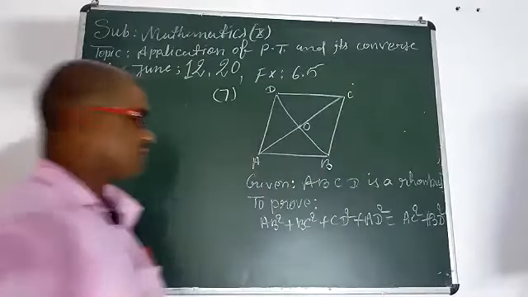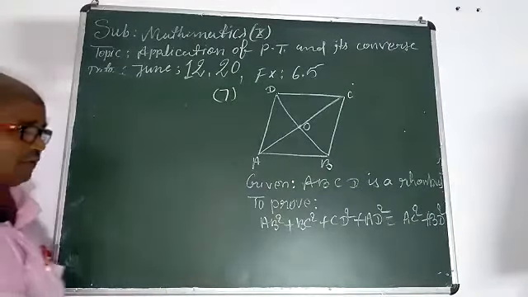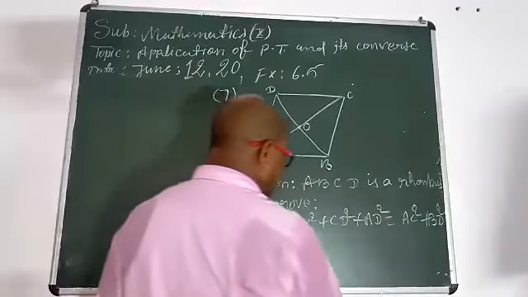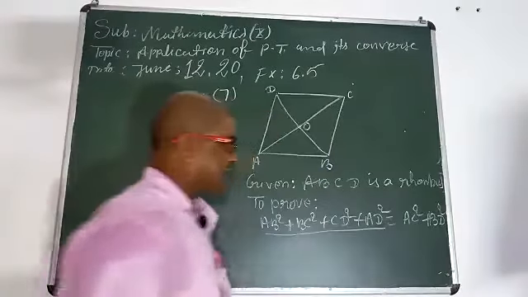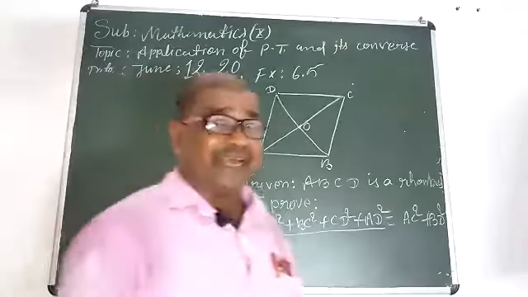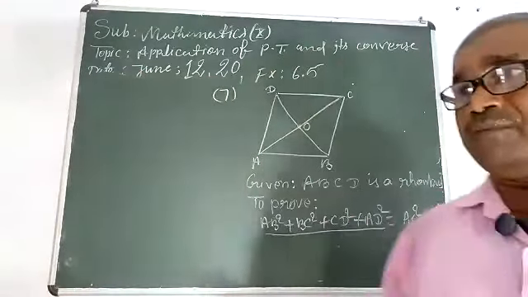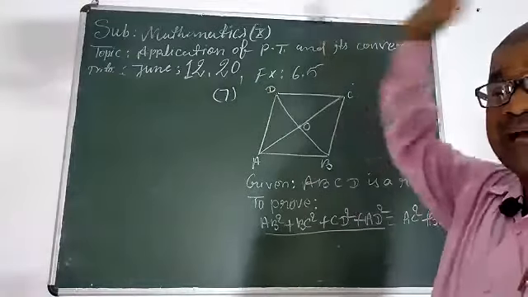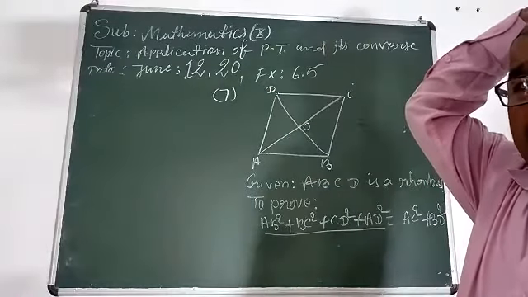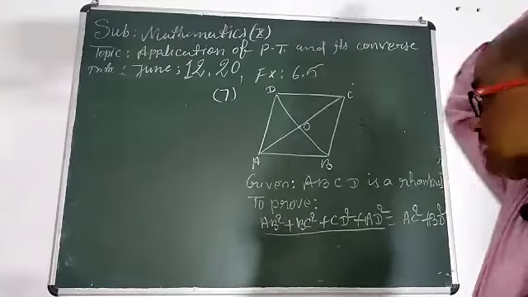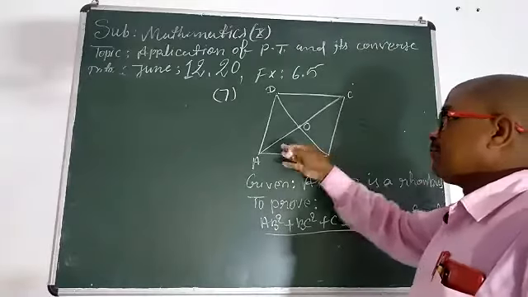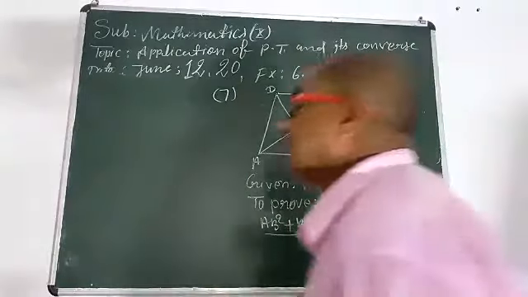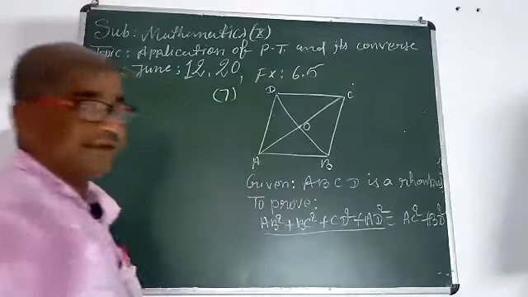This is what you want to prove. What is the statement? Prove that the sum of the squares of the sides of a rhombus is equal to the sum of the squares of its diagonals.